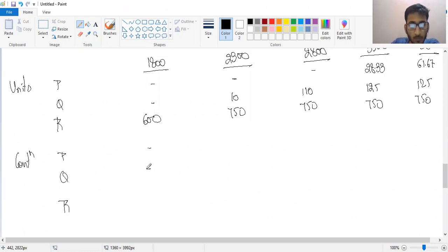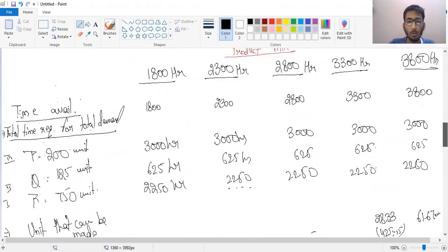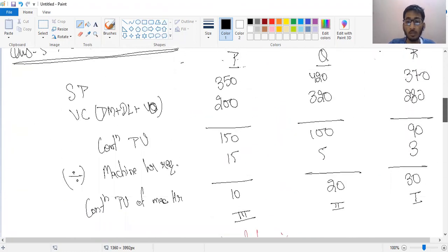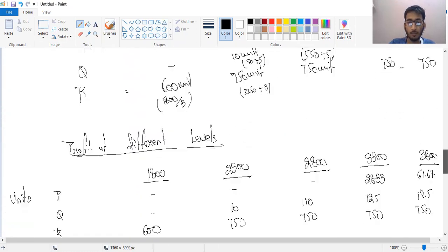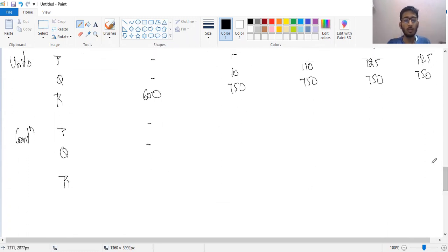Okay, now see the contribution for P, for Q, and for R. So basically, what would be the contribution for 600? Basically, contribution is given to us. It is 150, 100, and 90. So 600 multiplied by 150, it would be 90,000.